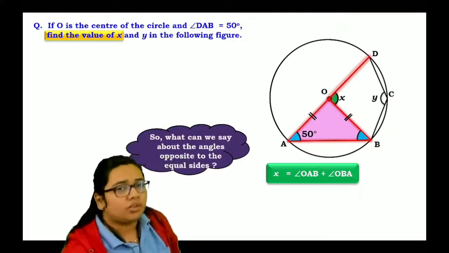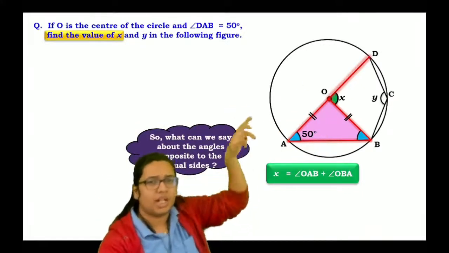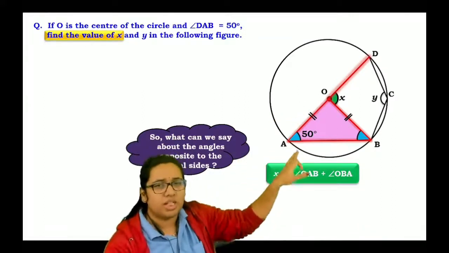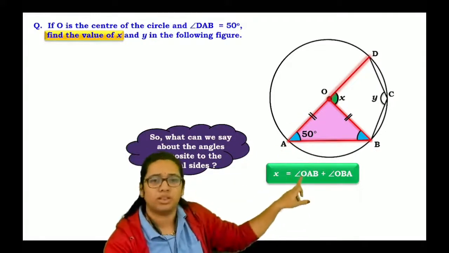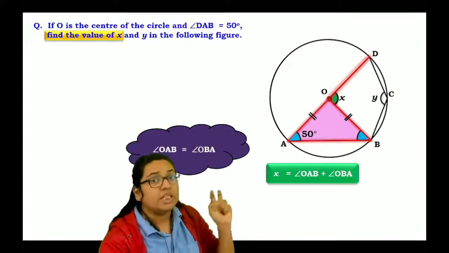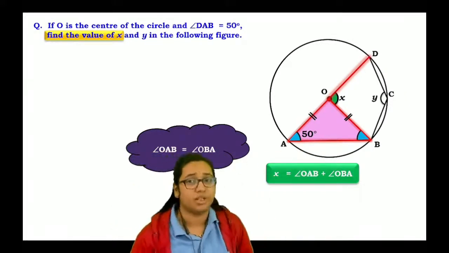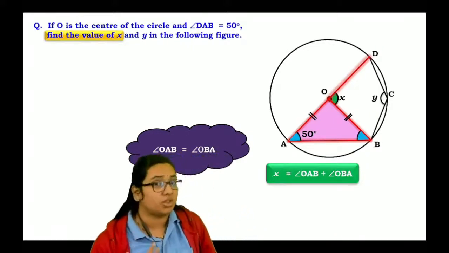Now already we know that DAB is equal to 50 degrees and A, O, D are collinear points. So if DAB is 50, then we can say that OAB is also 50. Second thing: how do we get this? Look, a triangle having two equal sides is an isosceles triangle.